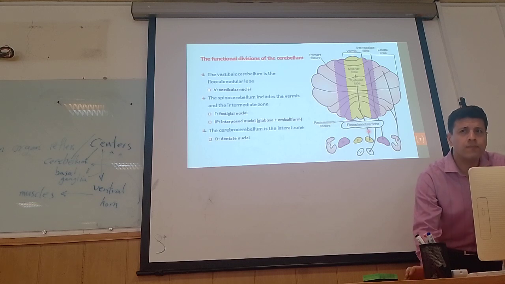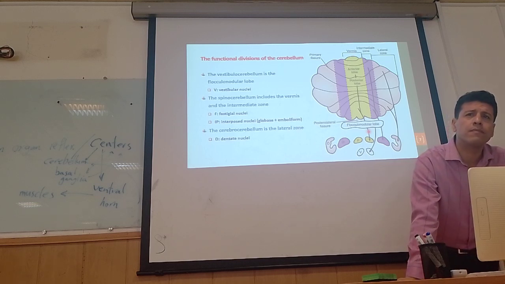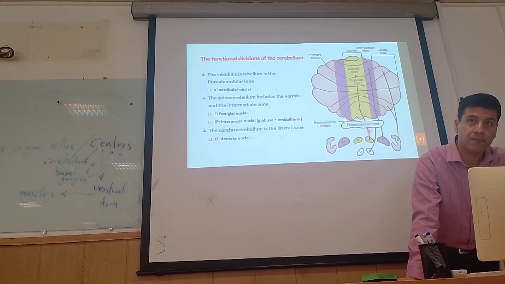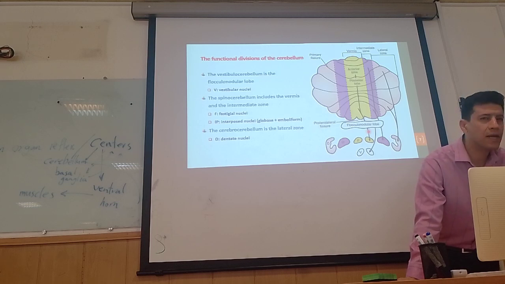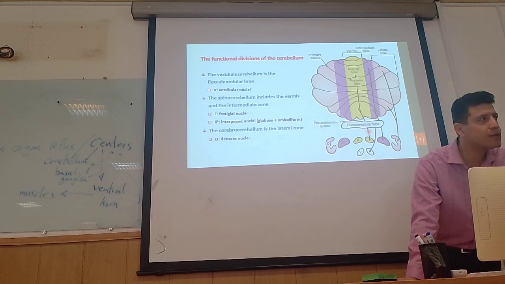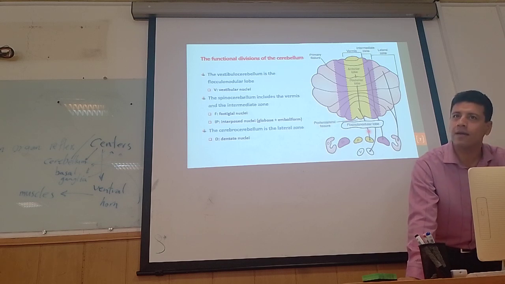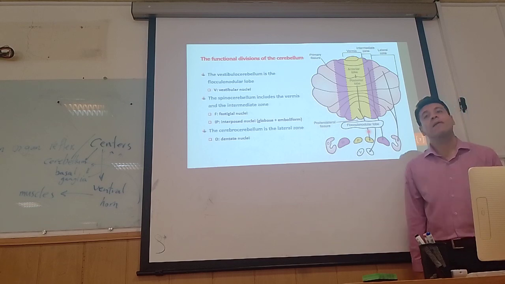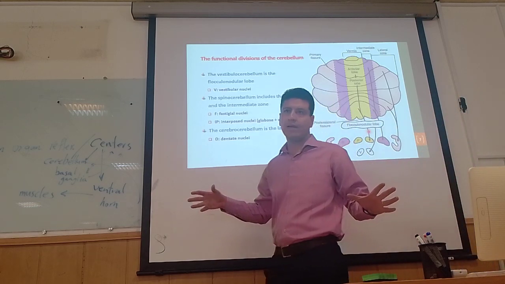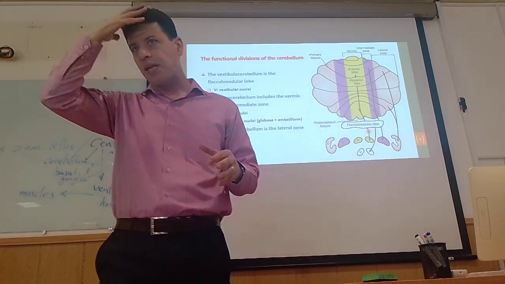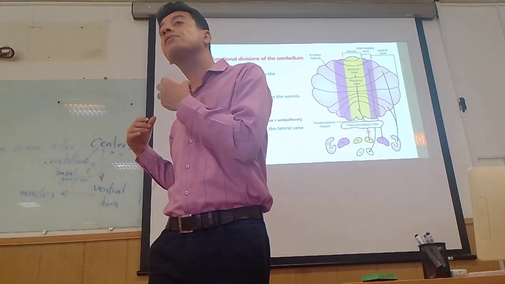Sir, how is the cerebellum involved in learning? The cerebrum is involved in learning, yes. We have different types of learning: learning physiology, learning mathematics, learning history, learning swimming. Different types of learning happen. Some of them happen in the cerebrum, some of them happen in the cerebellum.